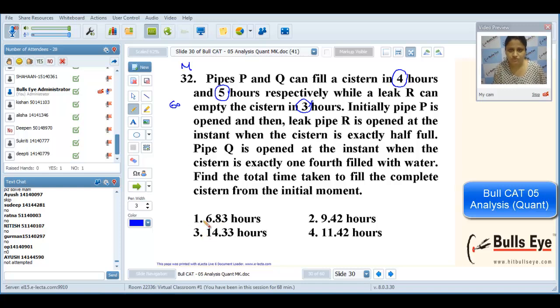You don't go into fraction. In fraction, you take 1 as the capacity of the tank. But if you want to make it easier, you observe all the numbers used in the question and take a multiple of those numbers. Since I am getting 60 here, I'll take 60 liters as the capacity of the tank. Should I explain this question?